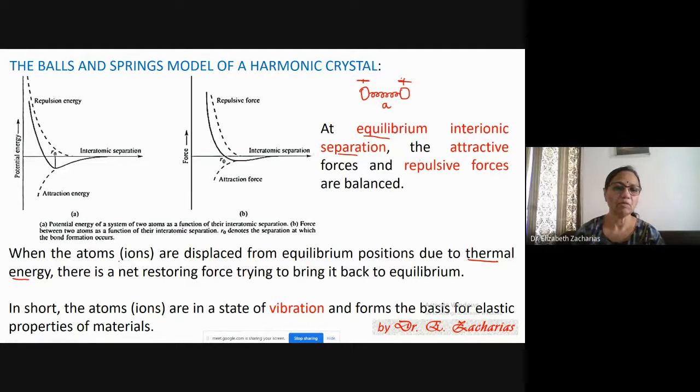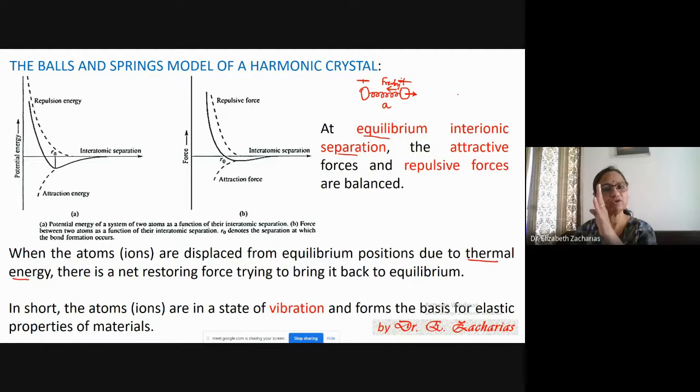So when they vibrate, what happens is, let us say that this tries to move like this. When it moves like this, you remember your mass spring system from physics. Immediately, there will be a restoring force. And what is the job of the restoring force?